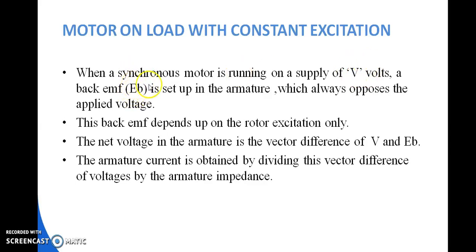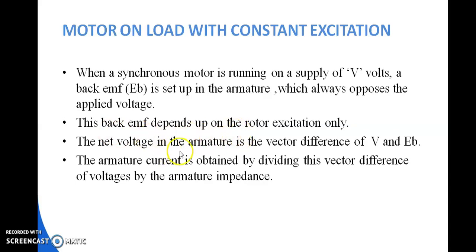According to Lenz's law, this effect, EB, will always try to oppose the very cause by which it is produced. So, EB will always try to oppose supply voltage V, and this back EMF depends upon the rotor excitation only.